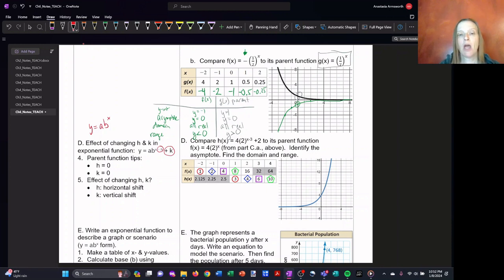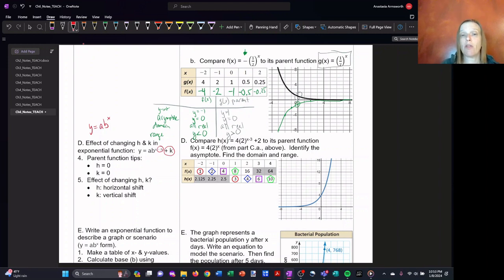If you remember, when the change happened inside parentheses, kind of inside the original parent function, that indicated that the change was happening in the x direction. And then if the change was done afterwards, kind of outside parentheses, then that indicated a change in the y direction for the output values. We're going to see the same thing here.